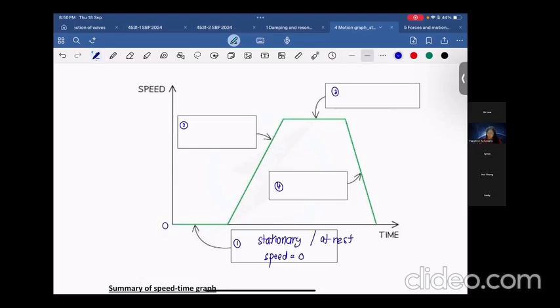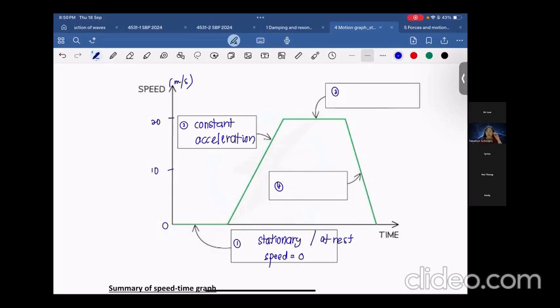Second section, speed goes from 0, maybe here is 10, here is 20 meter per second. Can you see that it's increasing the speed? And this is a constant gradient. So I want you to add one word: constant acceleration. Sometimes they will allocate 2 marks for this, 1 mark for constant, another 1 mark for acceleration.